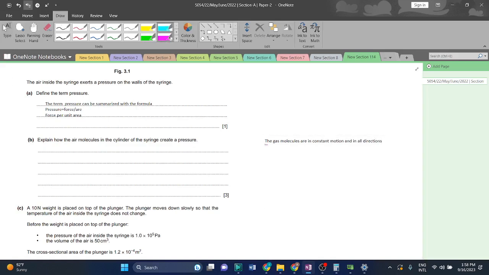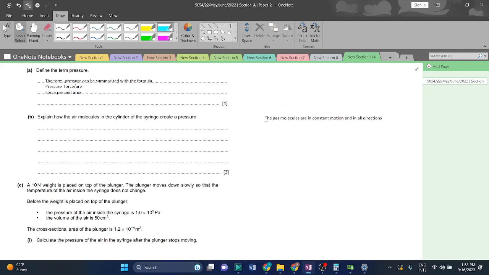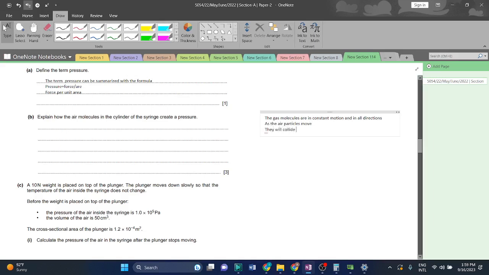As we know, जो गैस होती है वो हर डायरेक्शन में मूव करती है. It does, in a straight line, है ना? So yeah, as the air particles move, they will collide with the inner surfaces of the syringe, right?